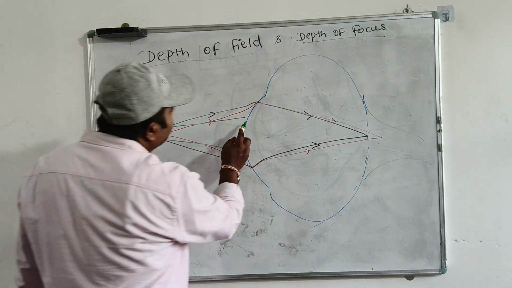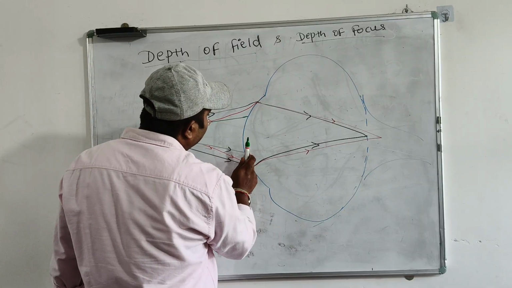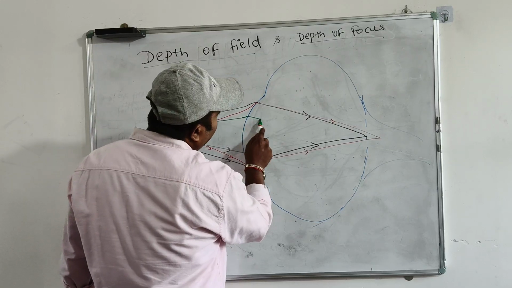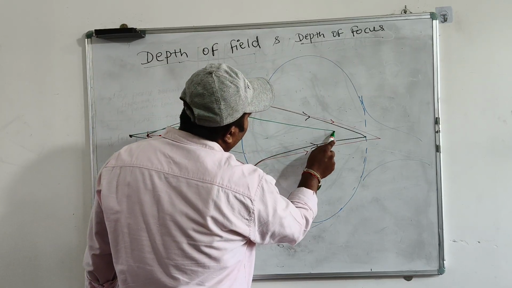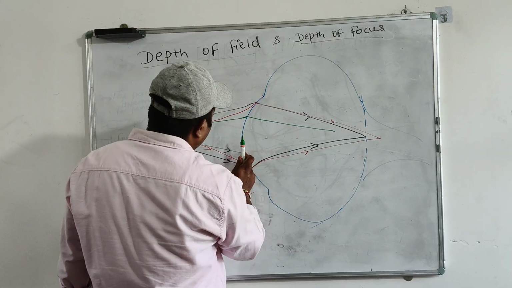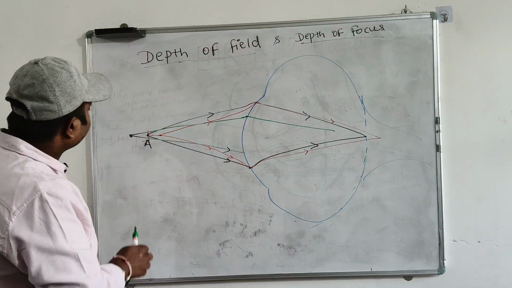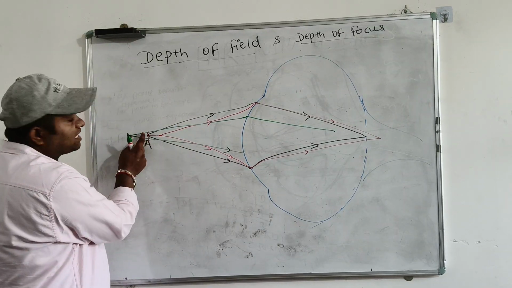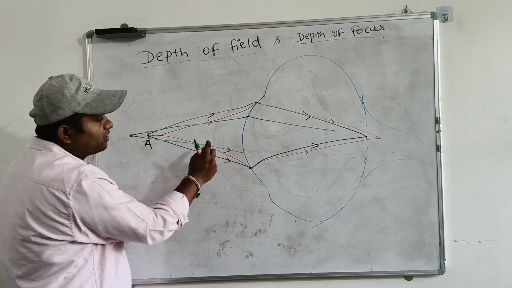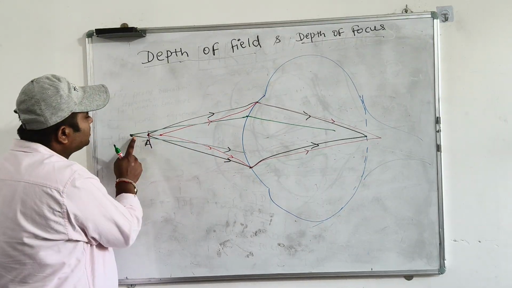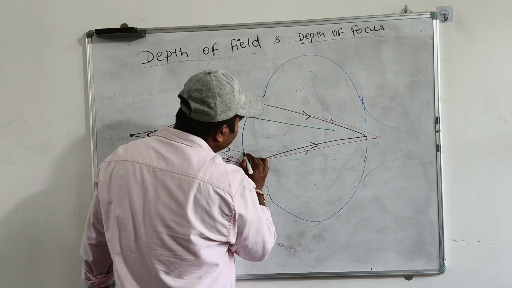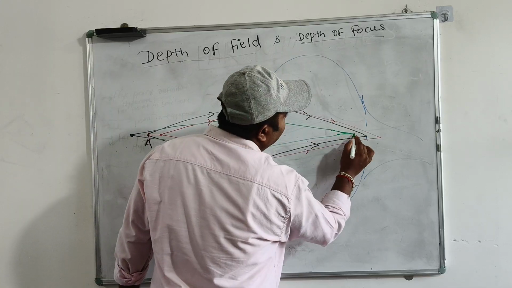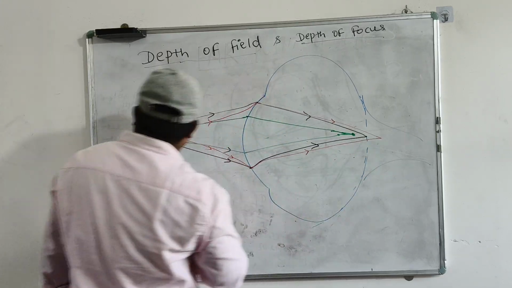So when the object is far, it is more convergent and less divergent. As it is more convergent, it will focus slightly in front of the retina. So we have 3 points here.